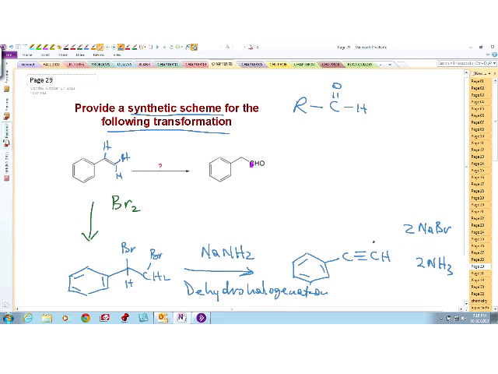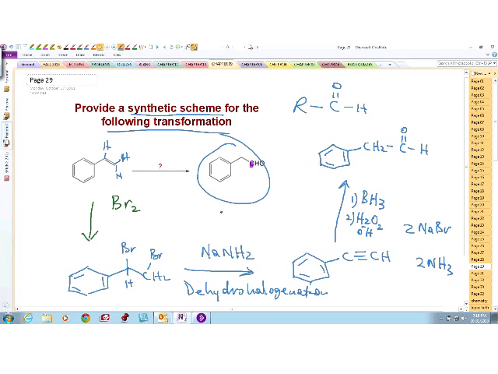But you don't need to worry about the inorganic product. Okay, so we form the alkyne, and then from the alkyne we go to here. React with borane, followed by hydrogen peroxide, and that will give you this here. Which is this here, okay?